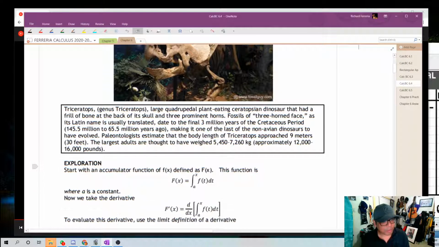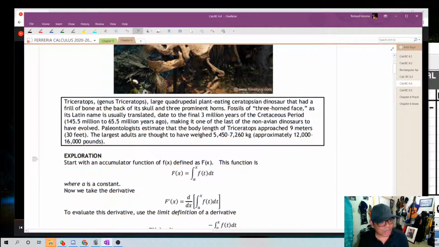So in our exploration, we're going to start with this concept of the accumulator function F of x. Now I know it's kind of confusing to have F of x and f of x, so I'll say big F and little f. Hopefully you'll figure out which I'm talking about. So big F is the integral from a to x of little f.